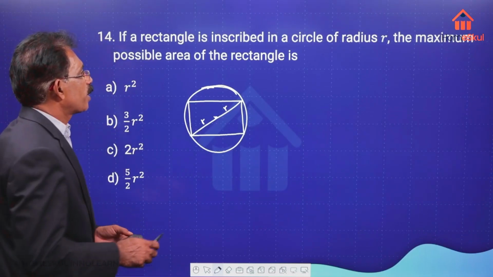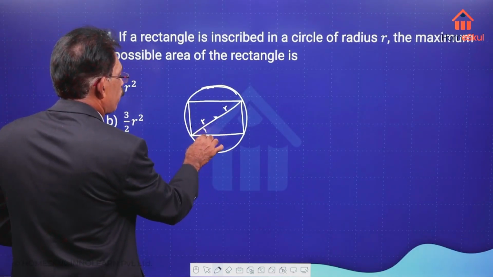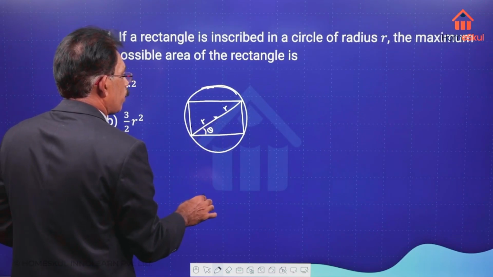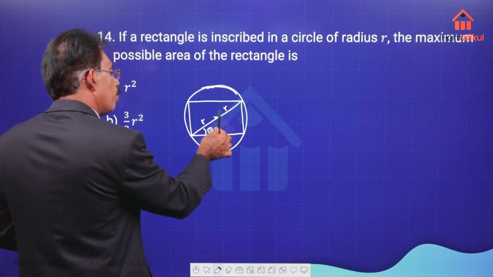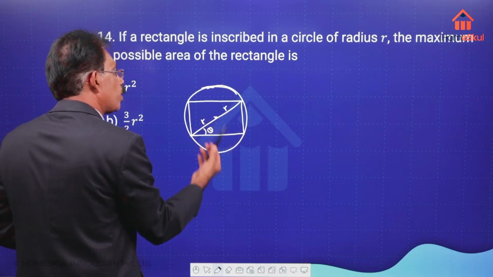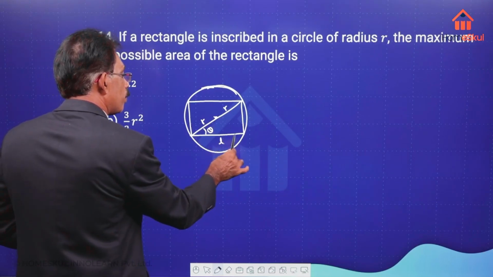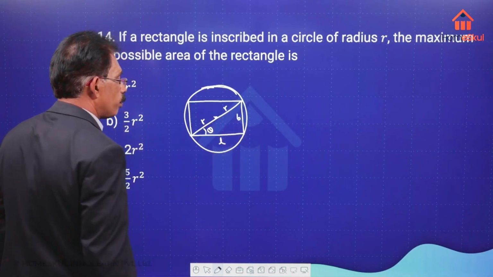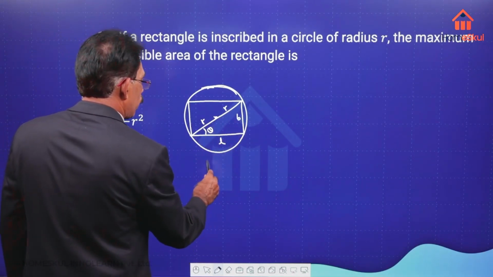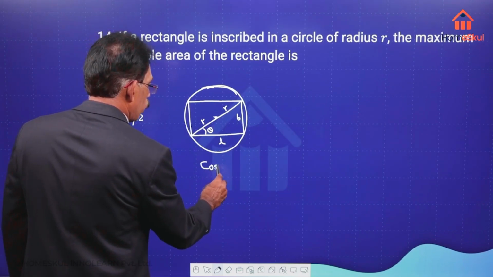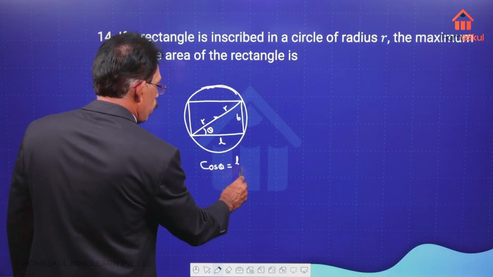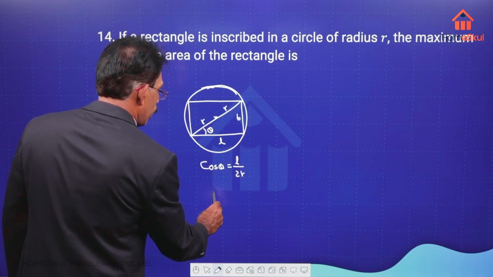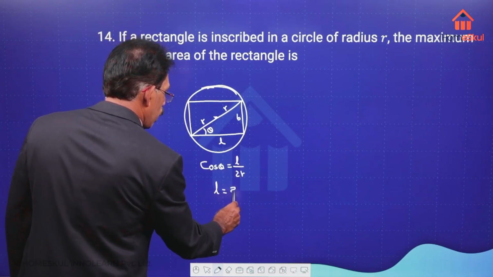Look, suppose this angle is equal to theta. For the square, theta is equal to pi by 4. This is L and this is B here. What is cos theta? Cos theta is equal to L by 2r, so L is equal to 2r cos theta.